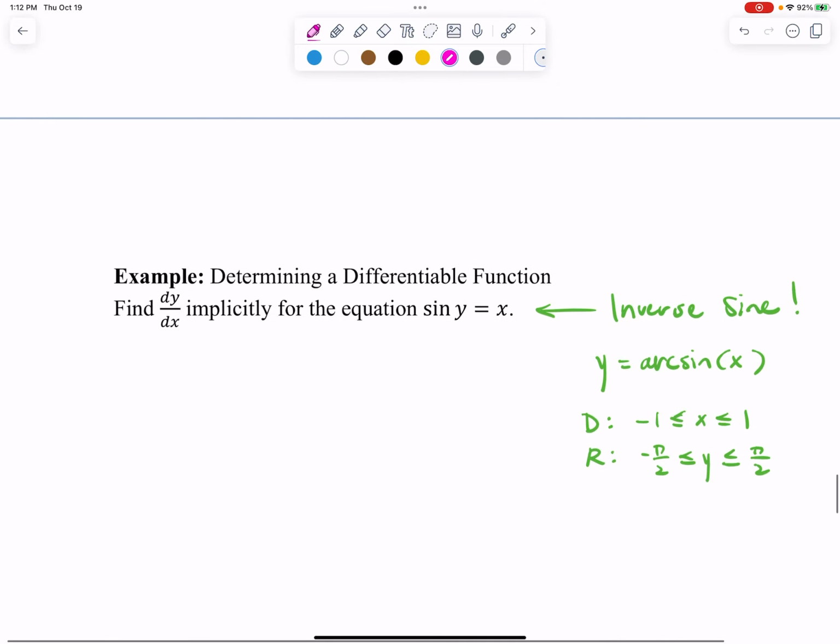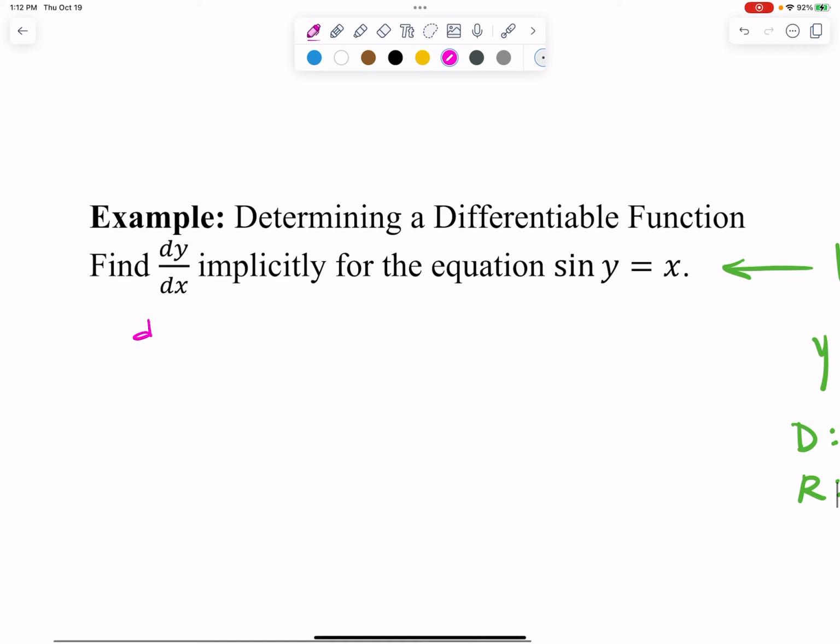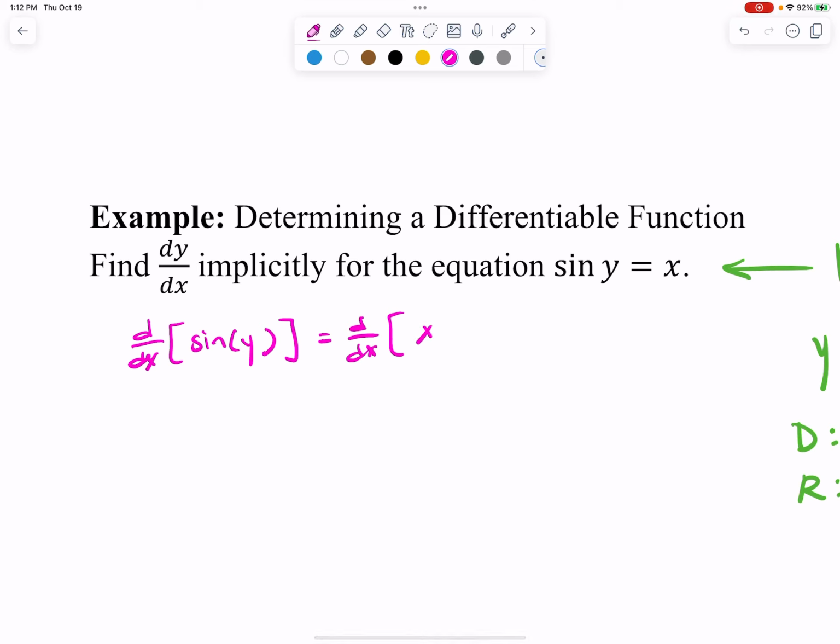So in order to find dy over dx for this equation, I'm going to differentiate each side of the equation with respect to x. Okay, thinking chain rule, derivative of sine would be negative cosine. Not negative cosine, it would be positive cosine. Would be cosine.